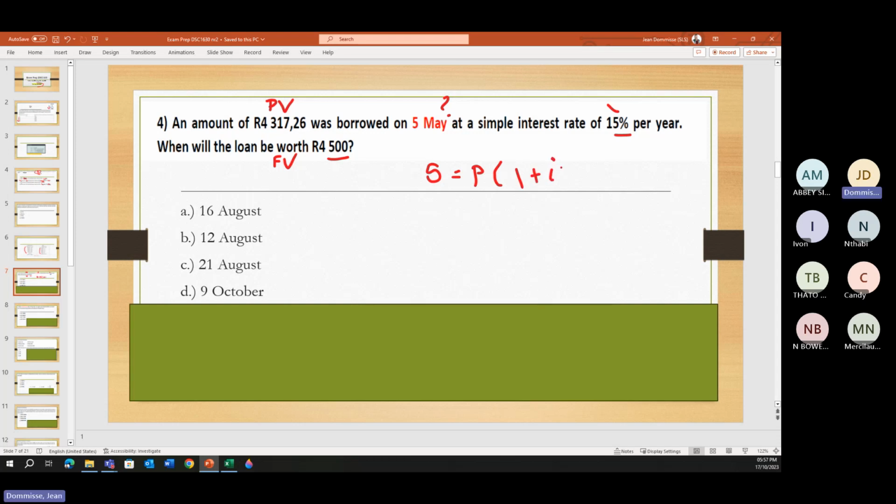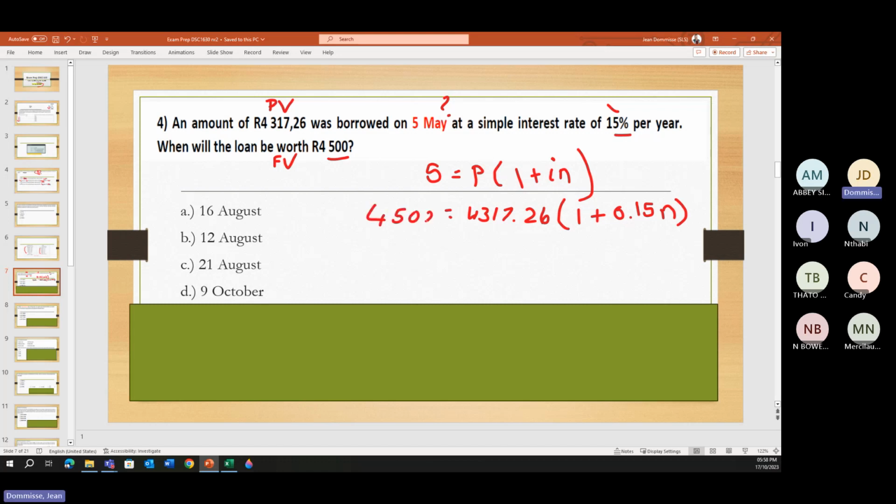If I'm correct, that is normally your simple interest formula. So we've got P, we've got your interest 0.15. We will need to work out n, and we've got your future value.